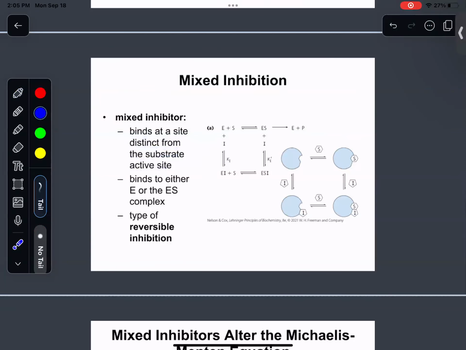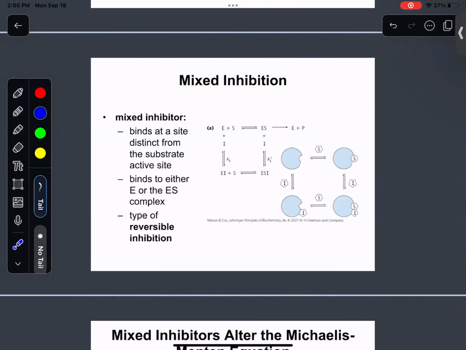Okay, mixed inhibitor. Let's move forward into the lovely equation aspects. At this point, when we're looking at the Michaelis-Menten equation, this can be helpful. You have an alpha and you have an alpha prime.